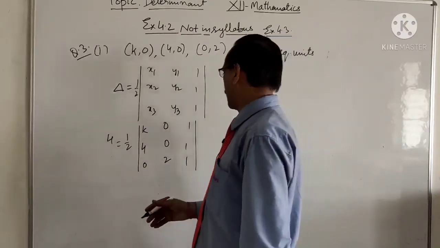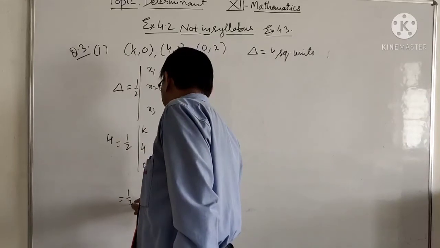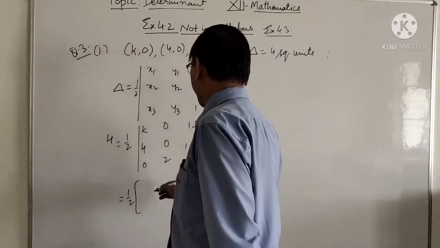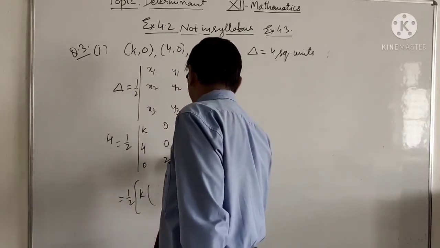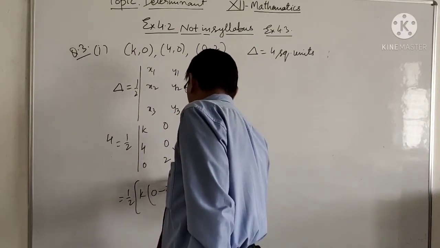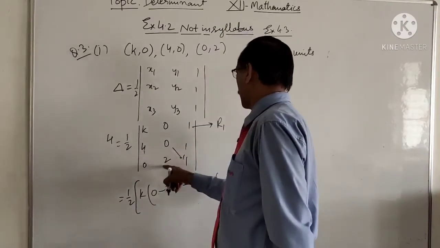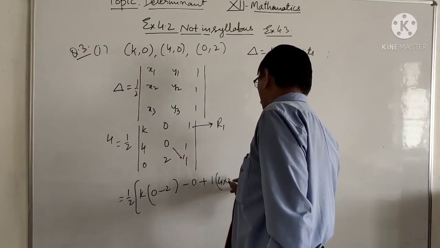Now we expand it with respect to R1. Then k into 0 minus 2, minus 0 plus 1 into 4 into 2 minus 0.